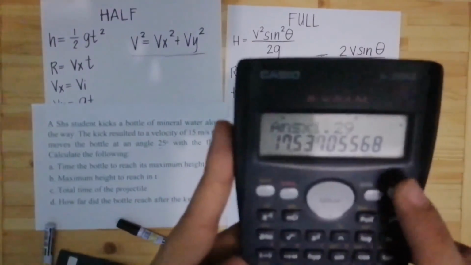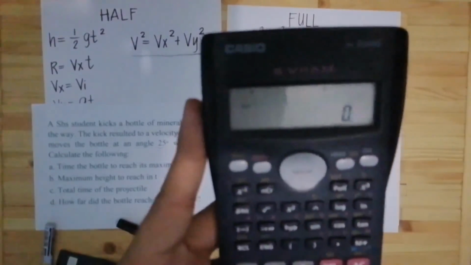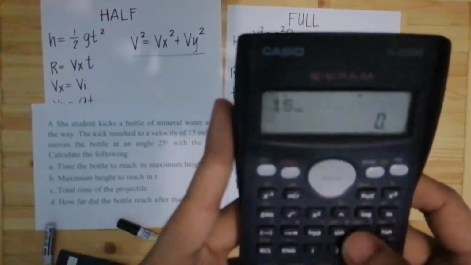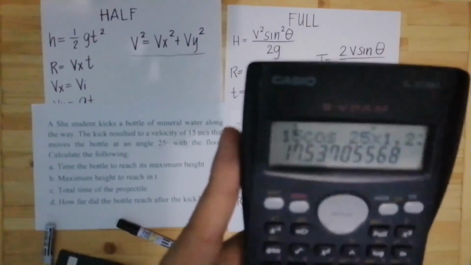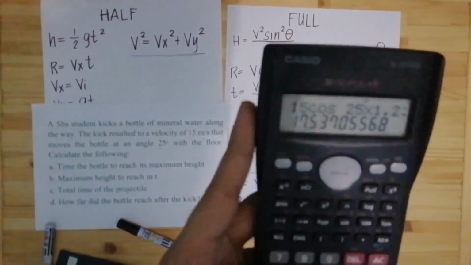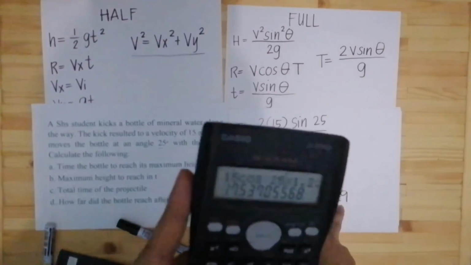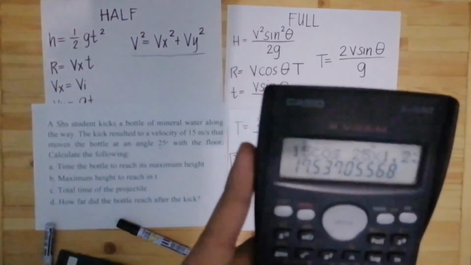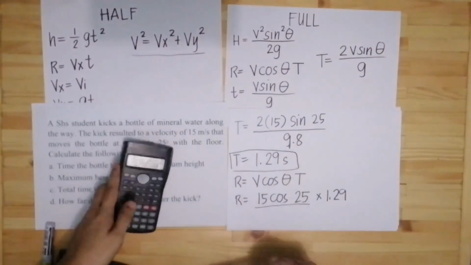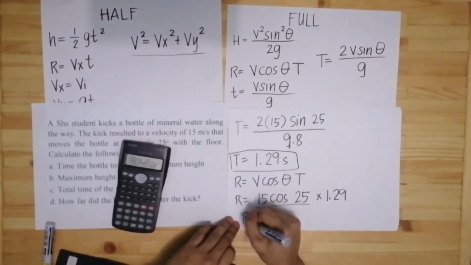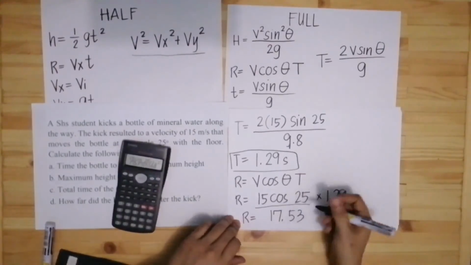Kasi baka magkamali kayo. Halimbawa, ang ginawa nyo ganito. Di ba ang sagot natin 17 point something? Pag ginawa nyo ganito, 15 cosine 25 times 1.29, tuloy-tuloy, dito pala parehas na magiging sagot. Pero may mga ibang calculator na nag-iiba yung sagot. Kasi ang ginagawa, minumultiply yung 25 times 1.29, which is wrong. So, ang sagot natin ay 17.53.